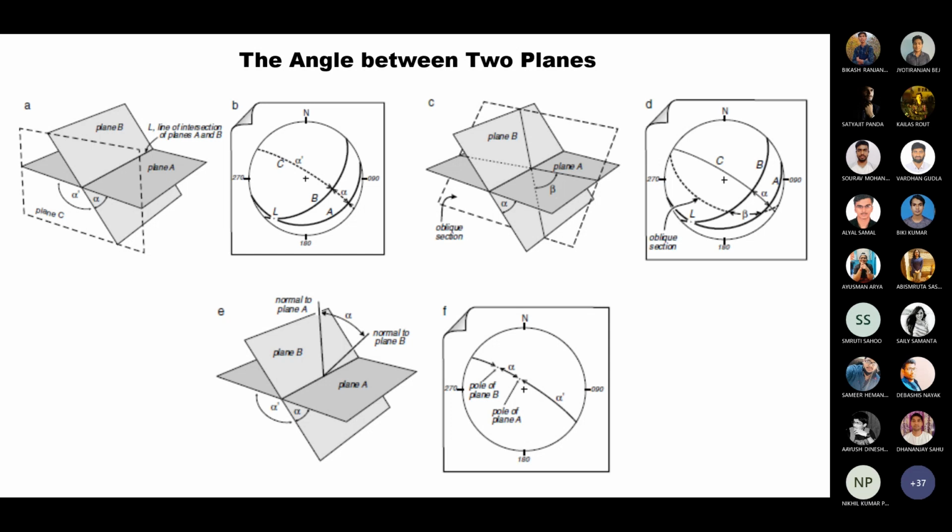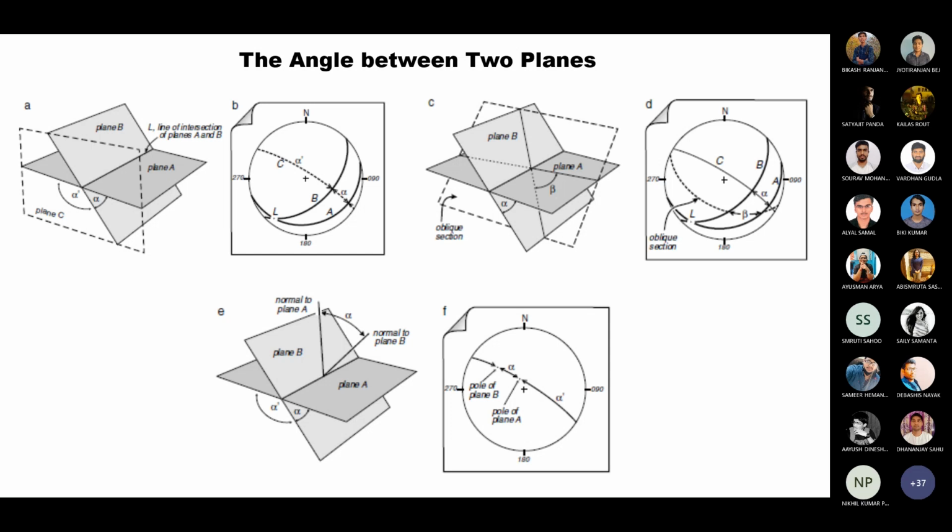Now, if you also want the angle between A and B, another method is available. That is a method using poles of the planes. This alternative method makes use of the fact that the dihedral angle between a pair of planes is equal to the angle between the normals to those planes.